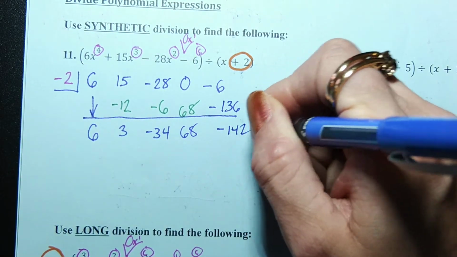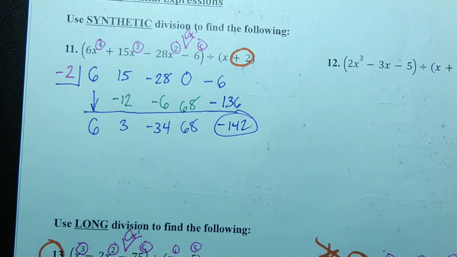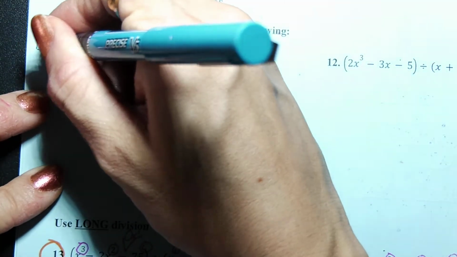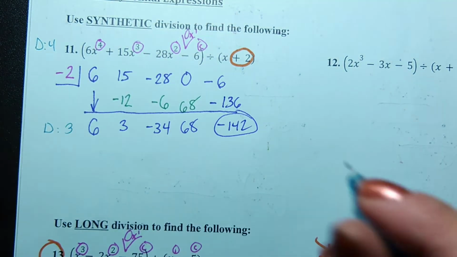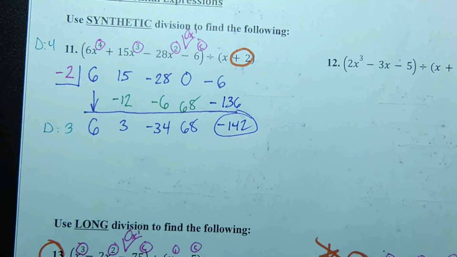Negative 142. Yuck. So our starting degree of the dividend is 4, so the degree of our quotient will be 1 less, or 3. We have depressed it down, or broken down the degree to something smaller.